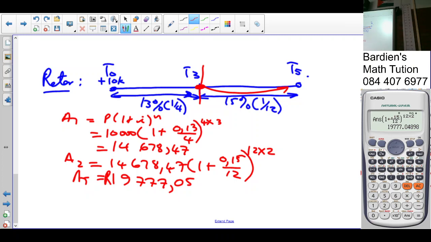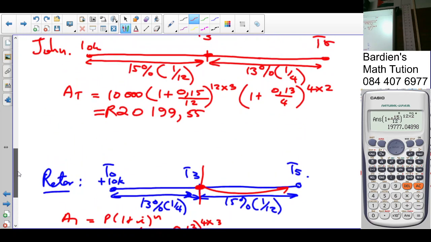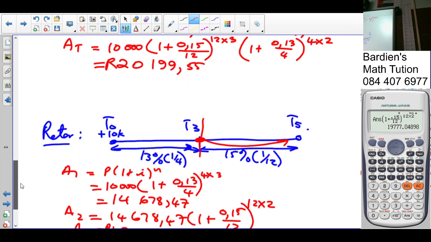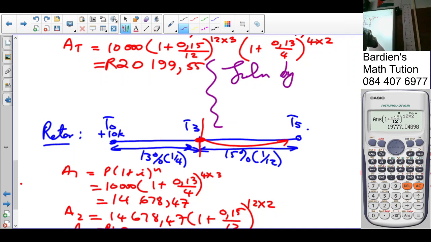You see that, people? So who has a better return? Who has a better investment? John. John's investment is better, and it's better by how much?